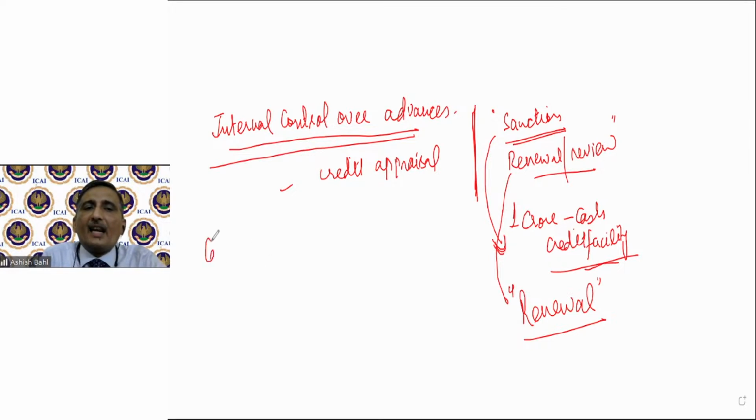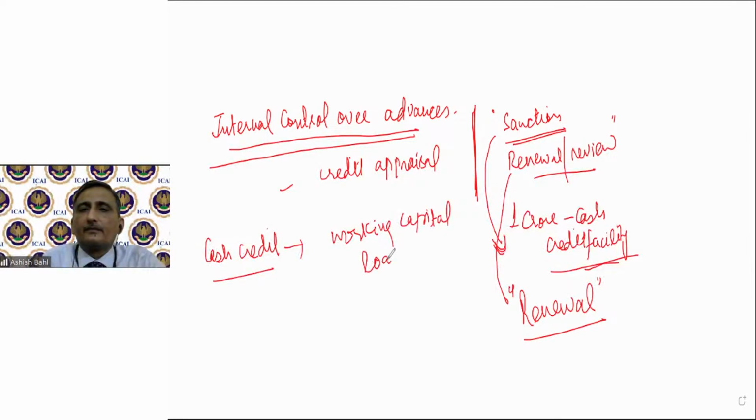Cash credit facilities are in the nature of working capital loans. Say a company would be needing raw material to carry on its manufacturing process. It would need to pay wages. The labor is not going to wait.